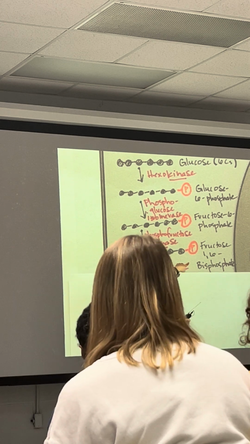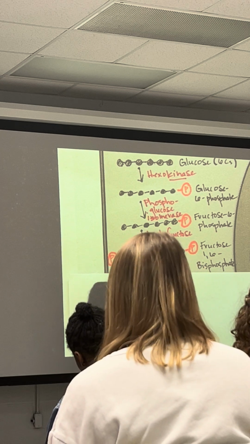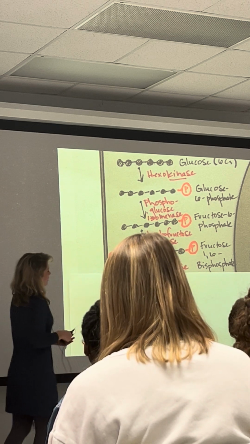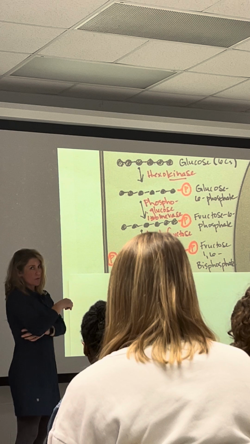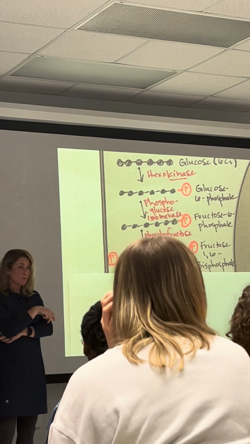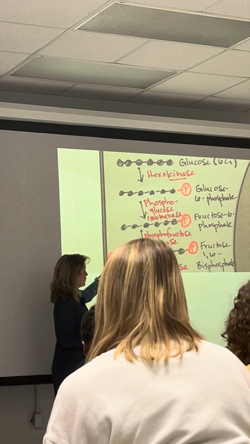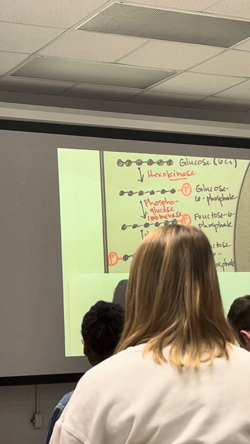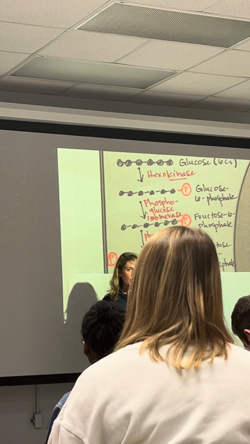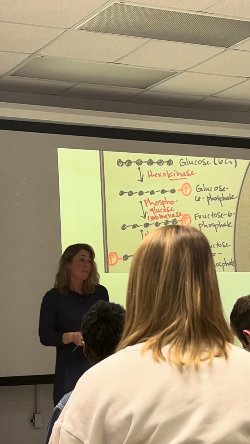Before I continue, let me talk about its name, fructose 1,6-bisphosphate. These numbers, 1 and 6, tell you which carbons the phosphate is on. Carbon 1 has a phosphate. Carbon 6 has a phosphate. So these numbers don't have to be so mysterious. They're just being descriptive.